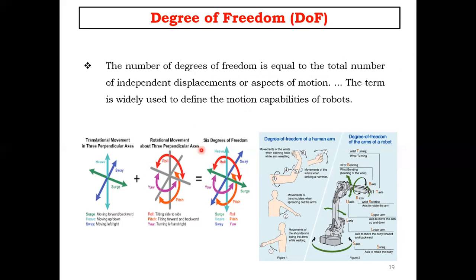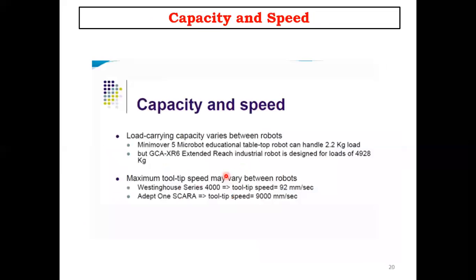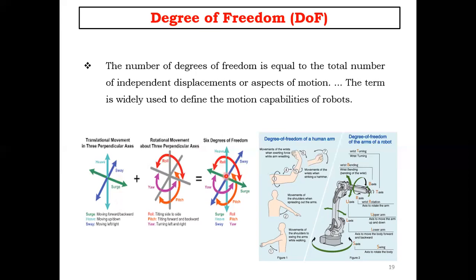For example, a 3-axis robot will work in 3 axes only. Here they are using 3 colors, so it will use only these axes. If it is a 6-axis robot, it uses these. So this is the 6-axis degree of freedom. Like that it can vary. This is the diagram comparing a human hand with the robot.